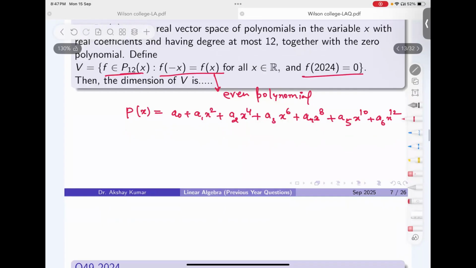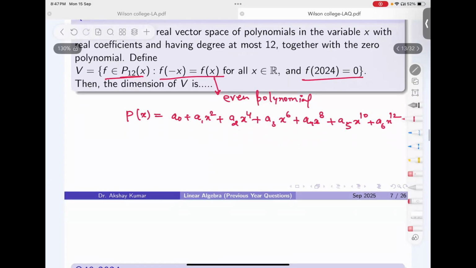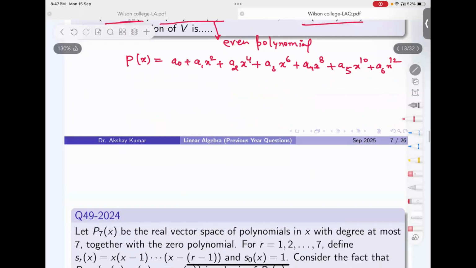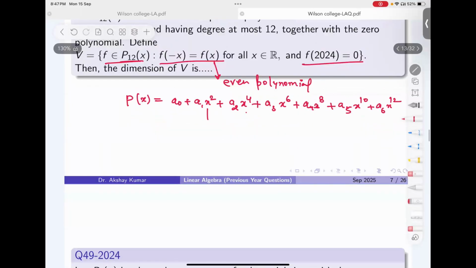This is the general form of even polynomials of degree at most 12, right? So you can see 1, 2, 3, 4, 5, 6 and this one.